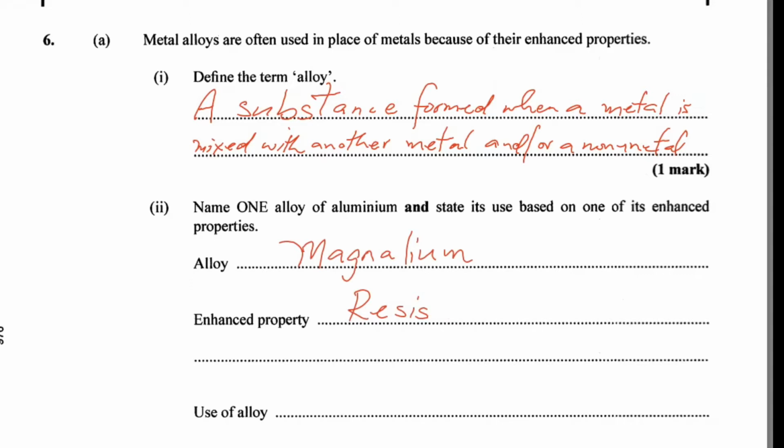It's resistant to, check. So magnesium is resistant to corrosion, and as a result of that, now we can use this to make window frames, door frames, and roofing materials.